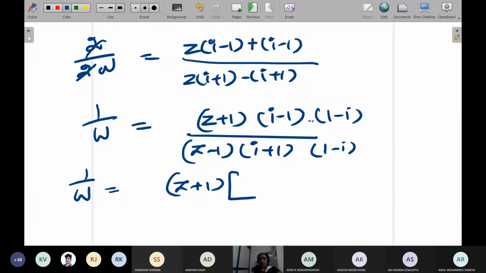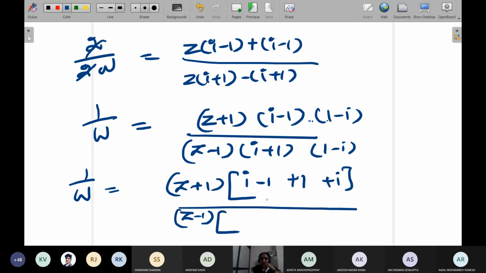Multiply this one. When you multiply this, you get i minus 1 minus i square, which is minus 1, this will become plus 1, divided by z minus 1 into, when you multiply this, a plus b into a minus b, you'll get 2. In the numerator plus 1 and minus 1 will be getting cancelled, you get 2i.